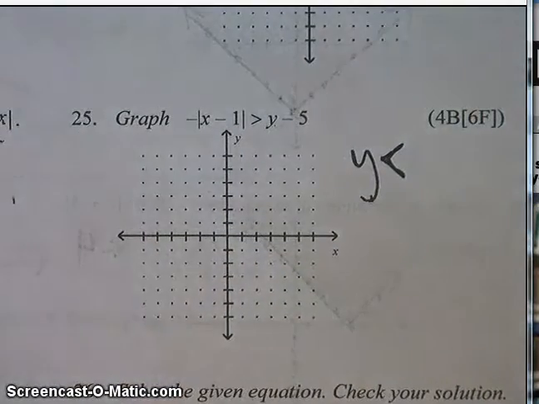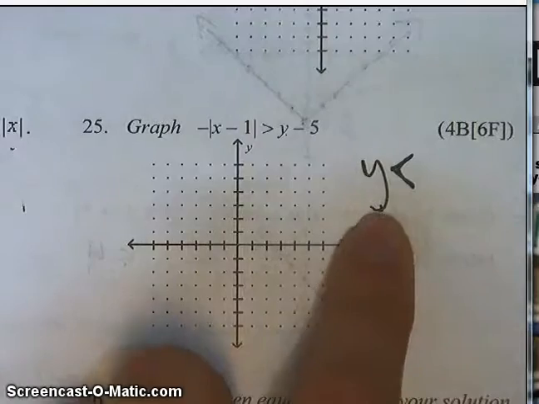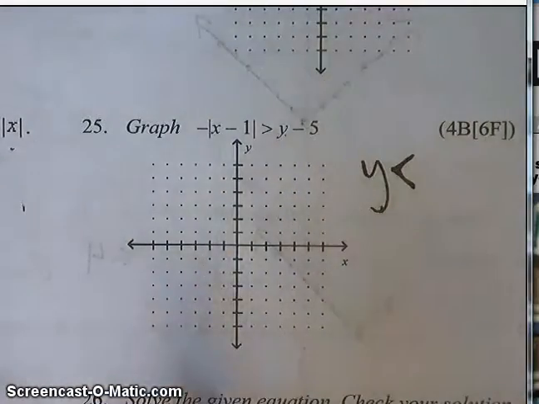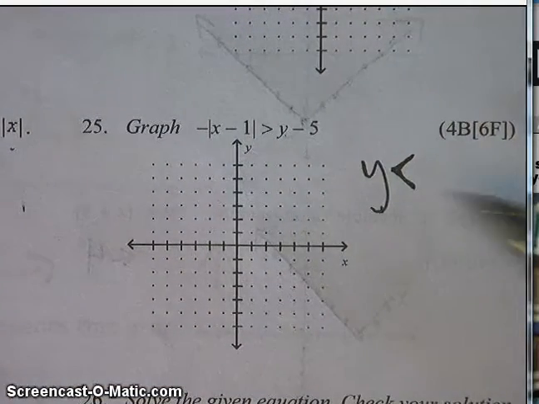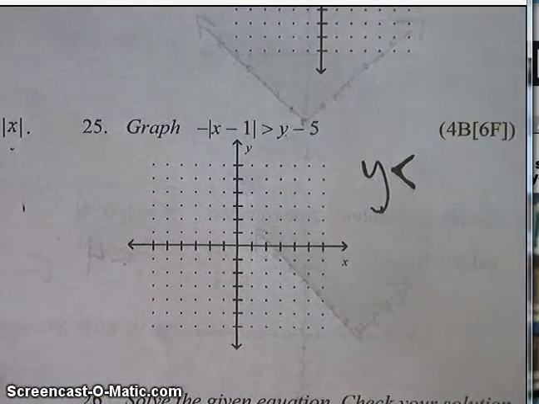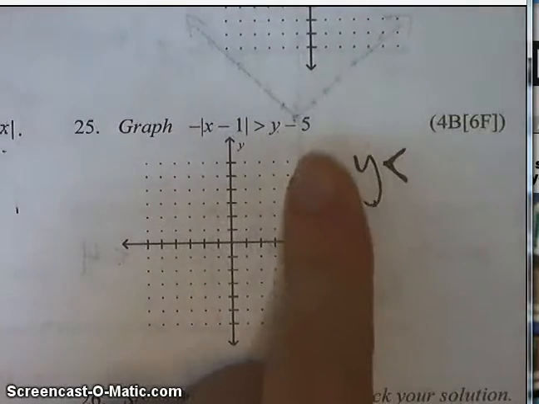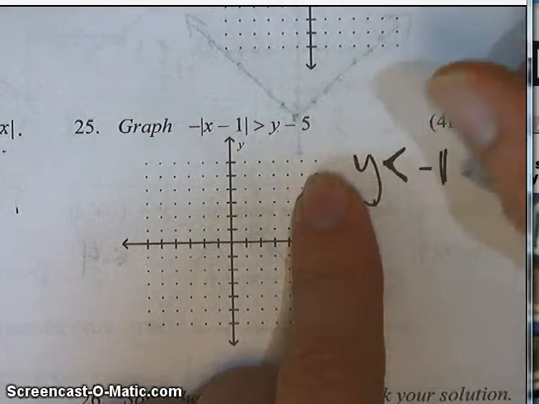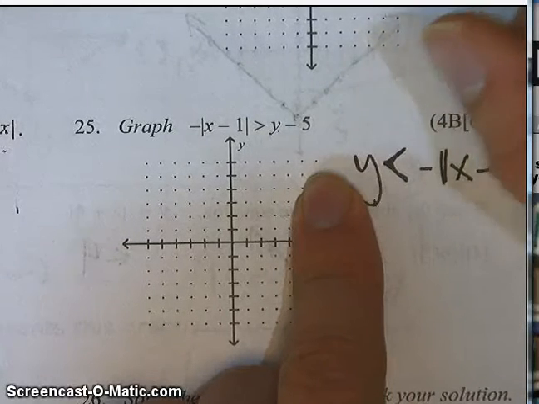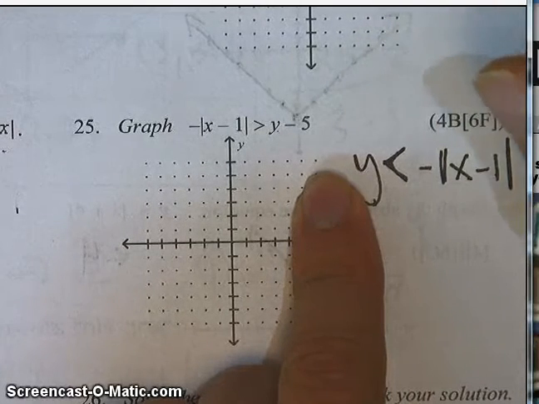So that's okay. This says y is less than, this says y is less than. So since I moved the y to the other side, I went ahead and flipped the sign. Just follow the point. If it's pointing at the y, it needs to still be pointing at the y. I'm going to add 5 to get negative absolute value of x minus 1 plus 5.